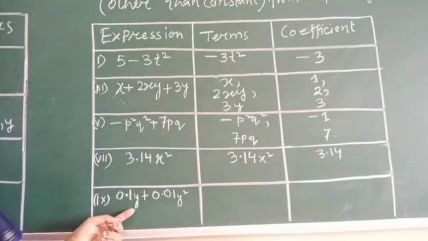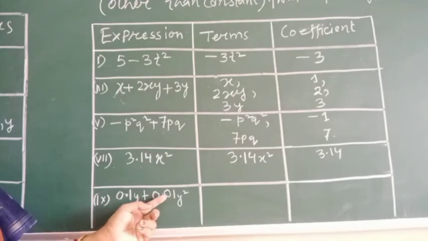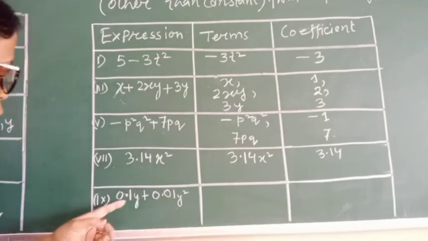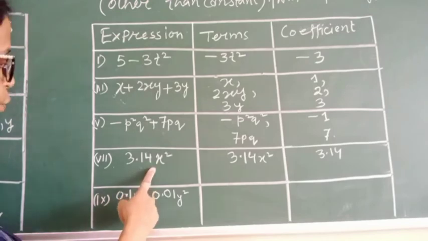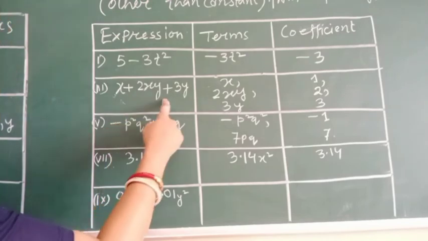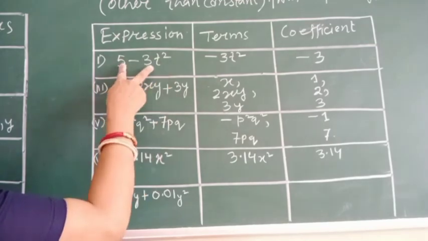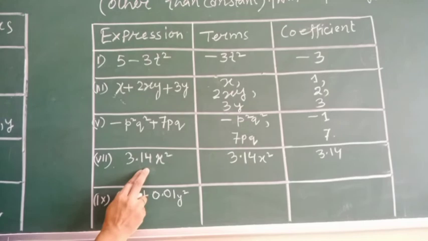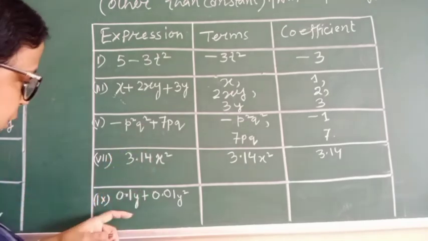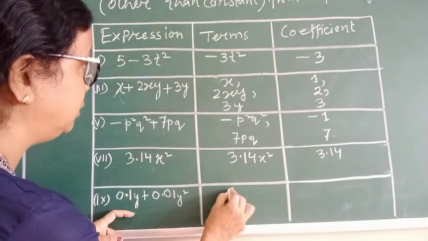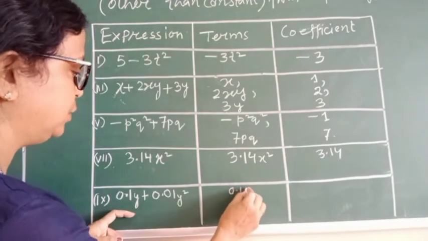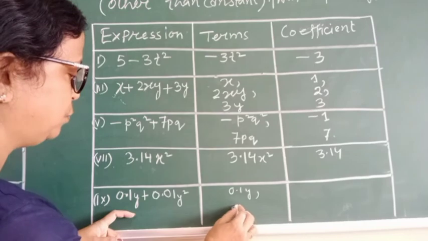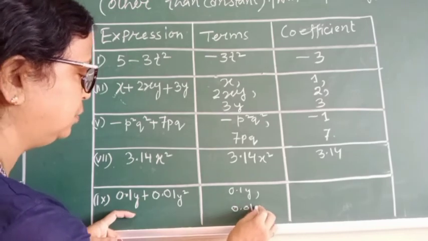Next one is 0.1y plus 0.01y. Two terms are there, binomial. The earlier one is monomial, this one is binomial, trinomial, binomial. Bi means 2, tri means 3, again 2. Now you have to write the terms: 0.1y and 0.01y.